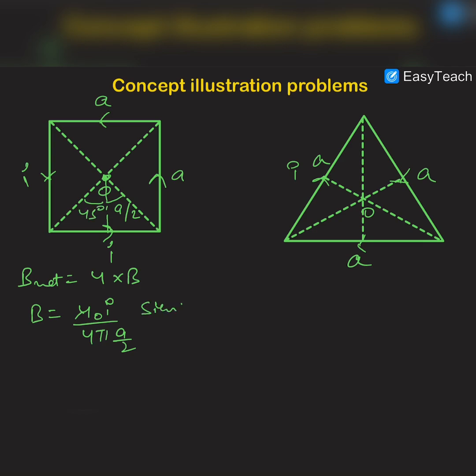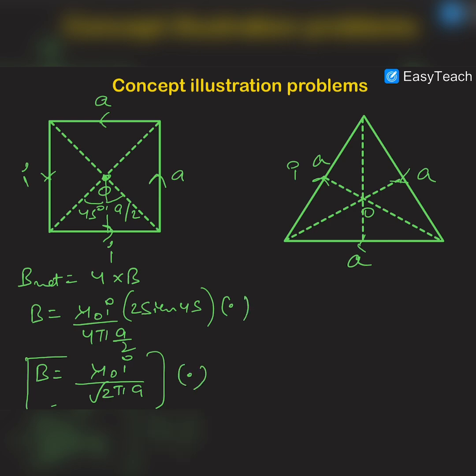So it would be sine 45 into 2. So you can see that B will be equal to mu naught I by root 2 pi A, and the direction of B will be outside the plane.